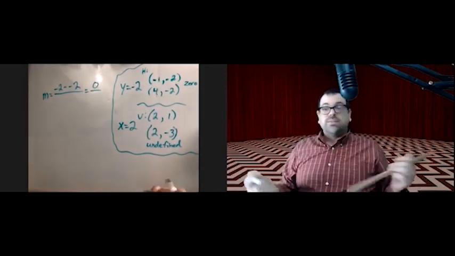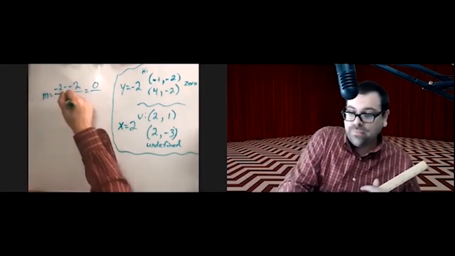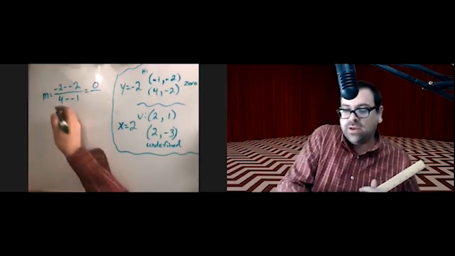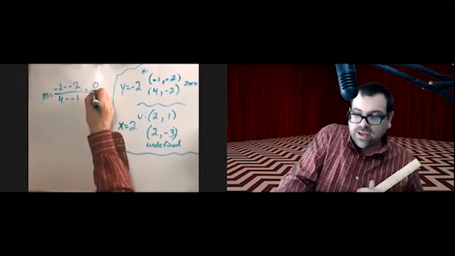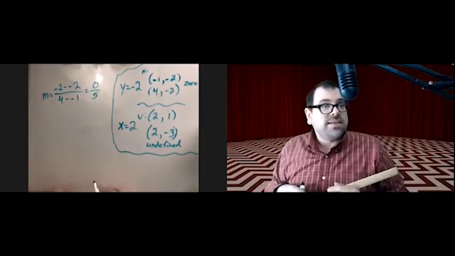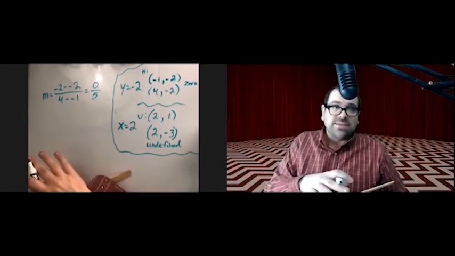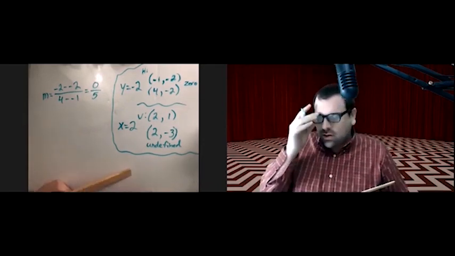Any fraction with 0 on top, it doesn't matter. 4 minus -1 is 4 plus 1 is 5. It doesn't matter what non-zero number is on the bottom because we can't have 0 on the bottom of a fraction.